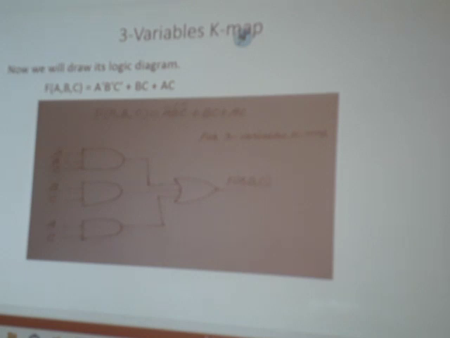Similarly, the third one has inputs a and c, and gives an ANDed term. All these three terms are connected with the inputs of the OR gate, and in this way we get the plus sign between the terms. So at the output of the OR gate, we will get the required function.